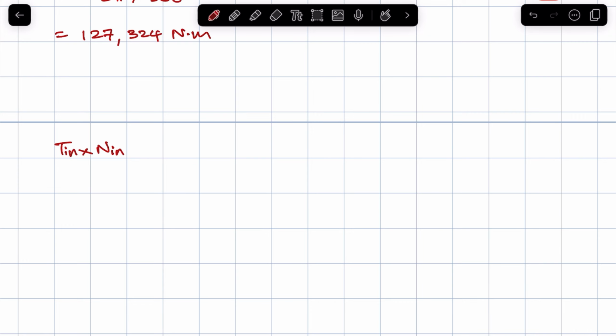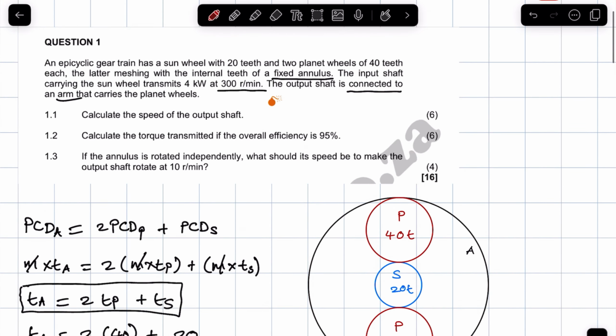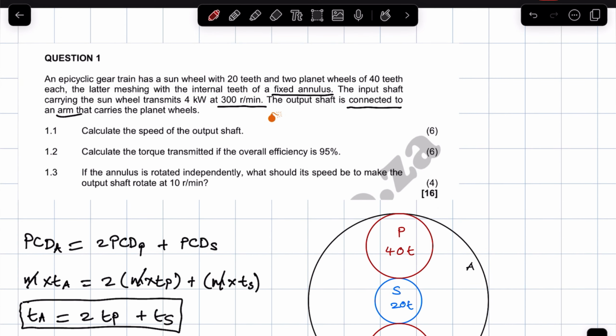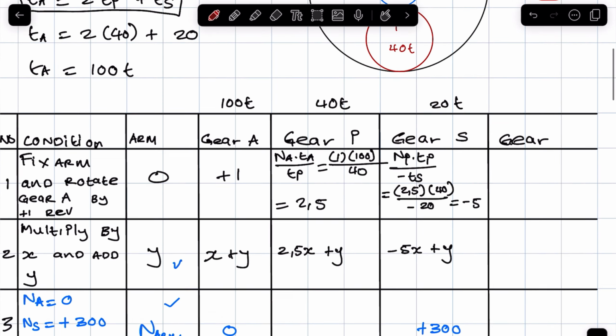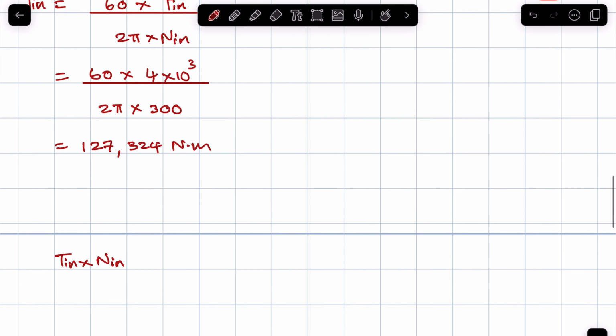Remember, you've been given the efficiency, right? They said the efficiency of the gear system is 95%, right? Now, if you look at the efficiency, if you have the efficiency of anything, the efficiency of anything is equal to out over in, right?